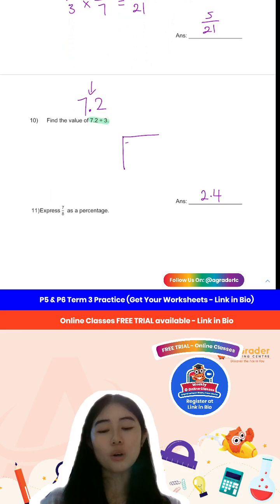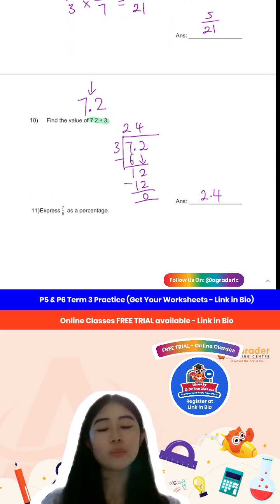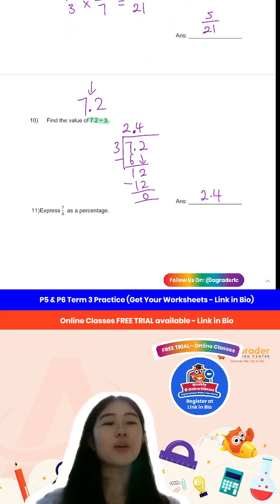If you do your working, it should look like this. Put 2 as your quotient first. Minus 6, you get 1. Bring down the 2, then put a 4. Minus 12, you get 0. But remember your decimal place. WL, you're missing your decimal place.